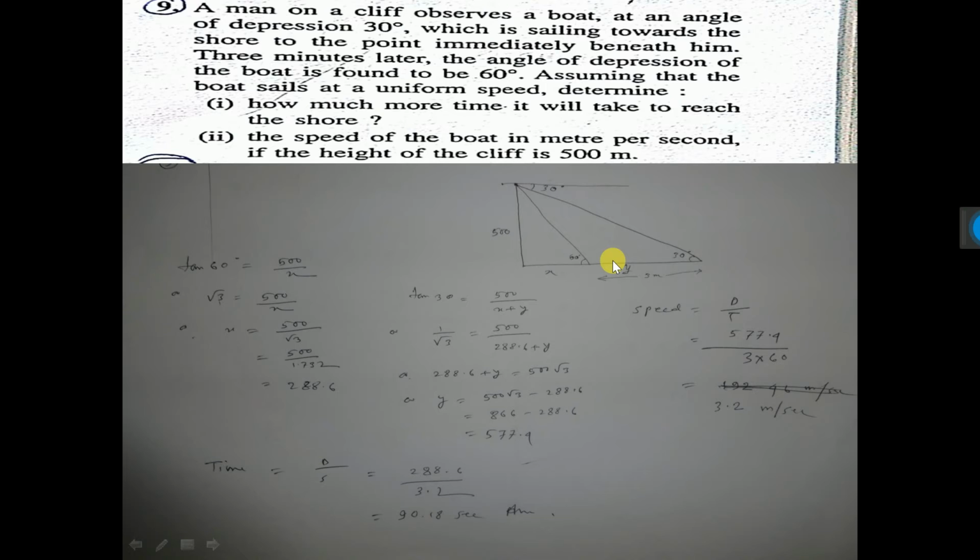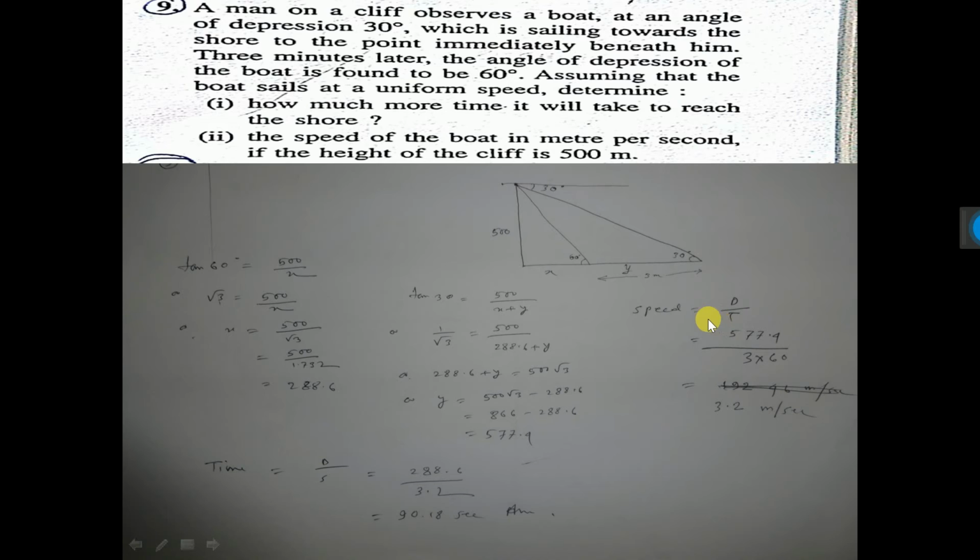You see, speed equal to distance by time. Now time equal to distance by speed, this is the distance and speed is 3.2, already done. Speed equal to distance by time.